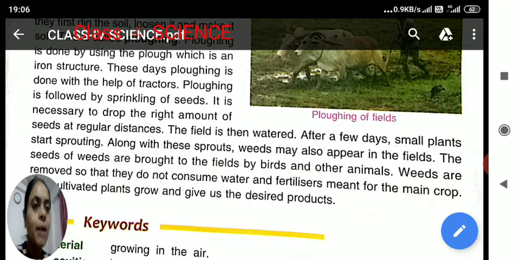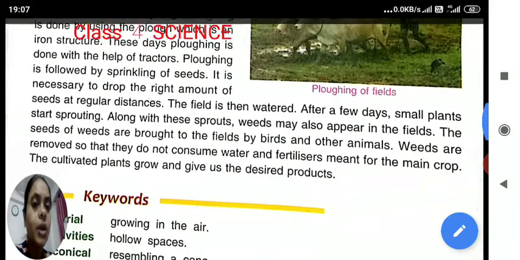They appear there automatically, naturally. So those plants are unwanted, and those unwanted plants also grow in the field where cultivated plants are grown by the farmer. So these unwanted plants are removed.